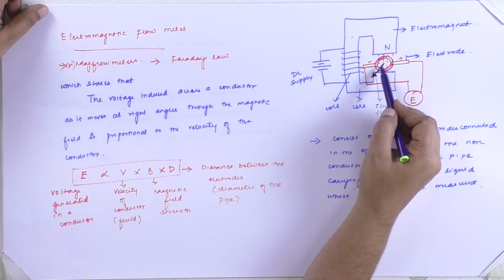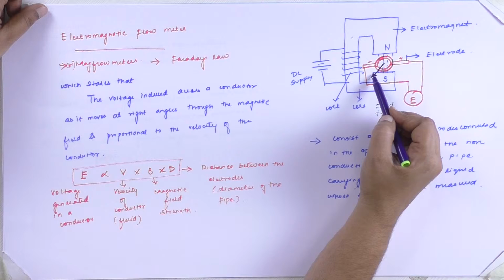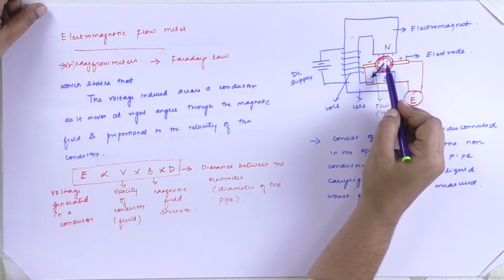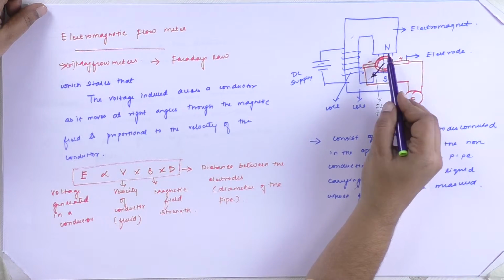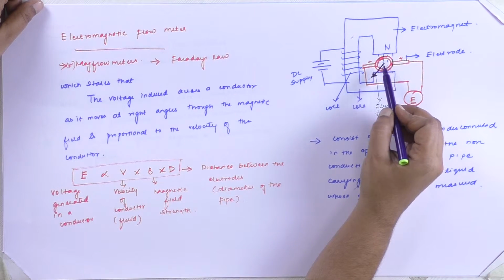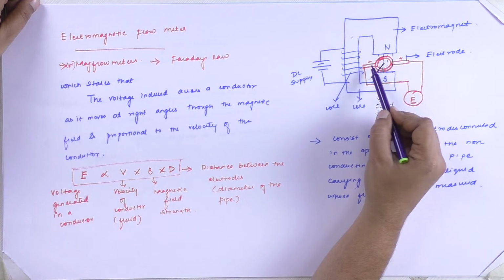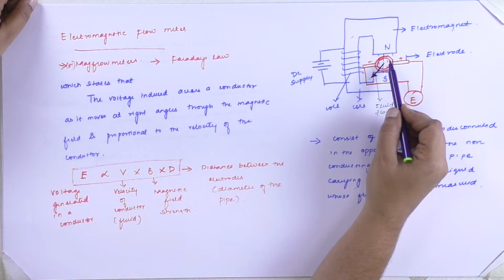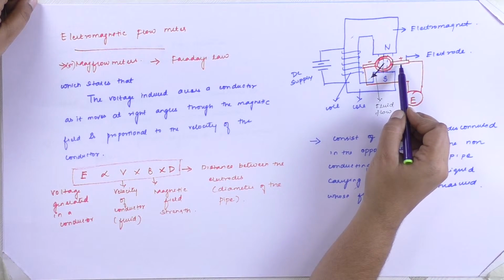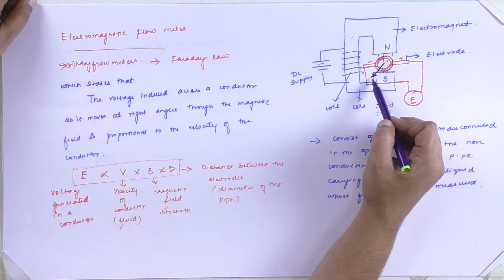The fluid moves along the longitudinal axis of the flow meter, and the flow of this conductive liquid in the pipe is perpendicular to the magnetic field produced by the electromagnet. The voltage signal is sensed by the electrodes located on the walls of the pipe, and these electrodes are perpendicular to both the magnetic field and the fluid flow direction.